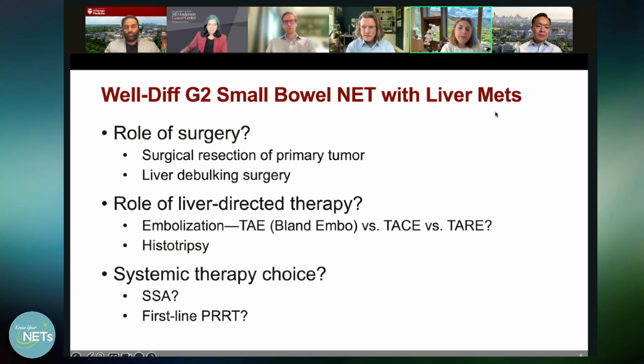Yeah, I agree. I think someone by the book will certainly meet the criteria, but I haven't really incorporated it in the first-line setting. I think one thing that many of us will do is scan this patient a little bit more closely. I typically scan patients with small bowel neuroendocrine tumors every 6 months, the majority of them.